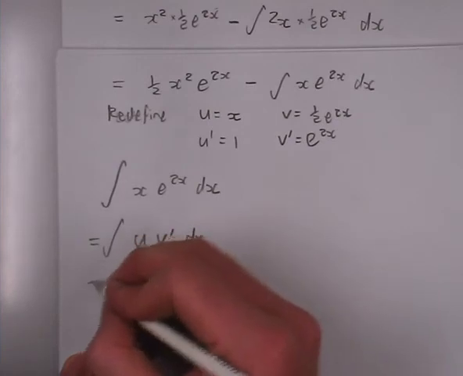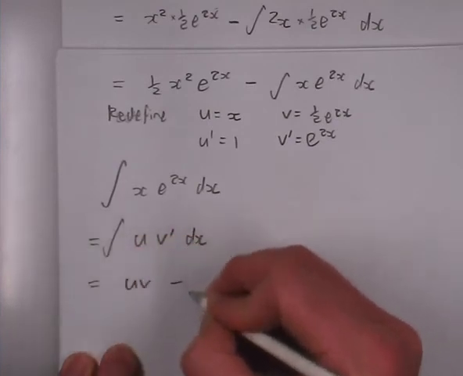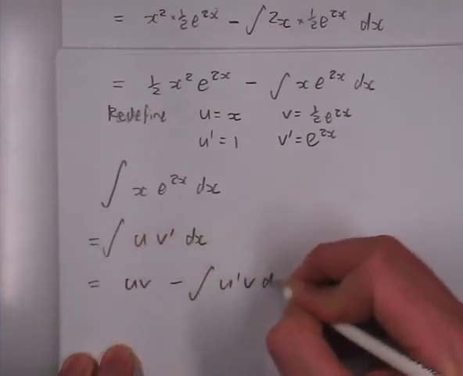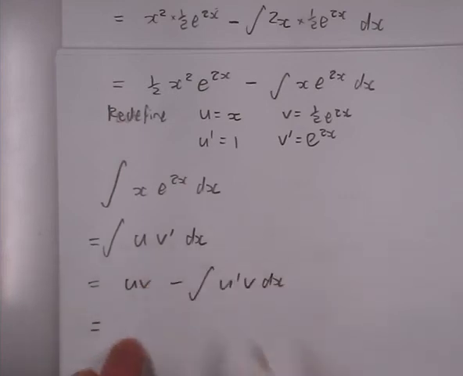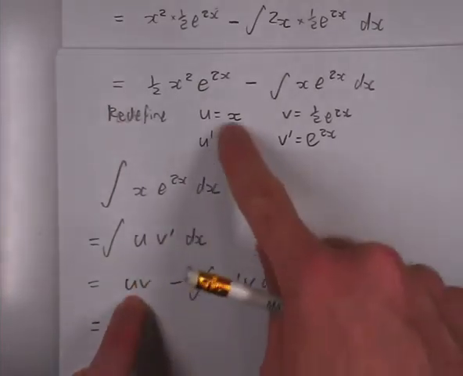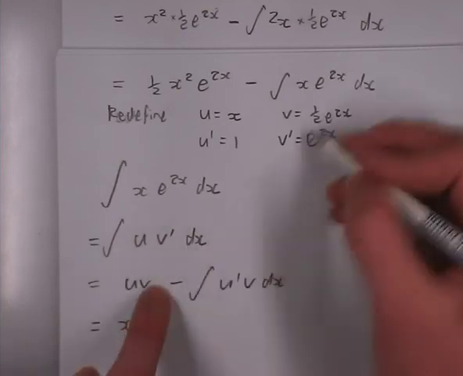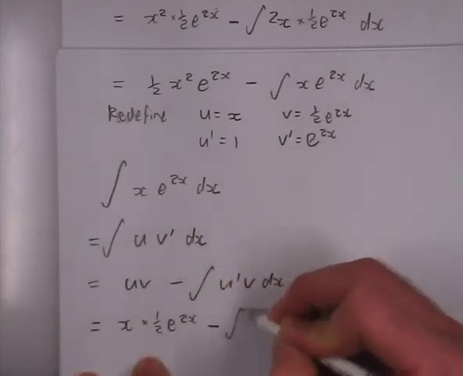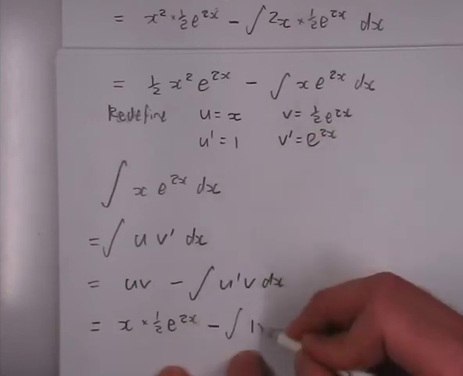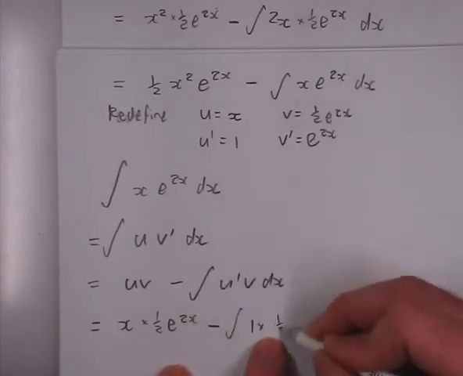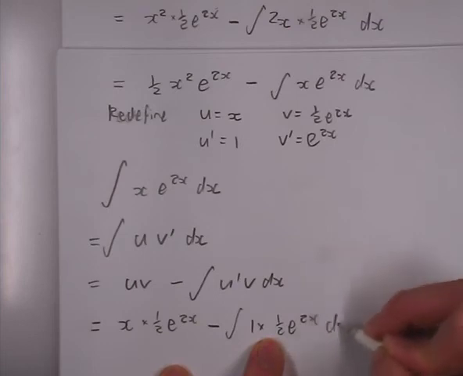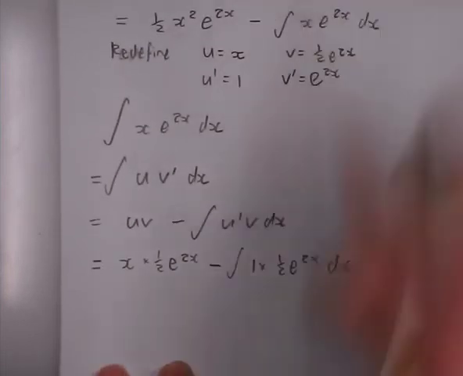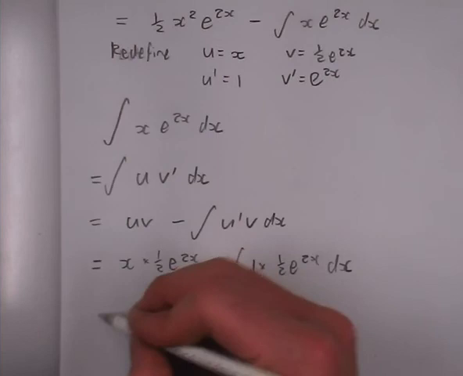And so this integral is going to be u v minus the integral of u dashed v dx. So the u is x, the v is a half of e to the 2x, the u dashed is 1, and the v is a half of e to the 2x. And now finally we have an integral that we actually know how to do.